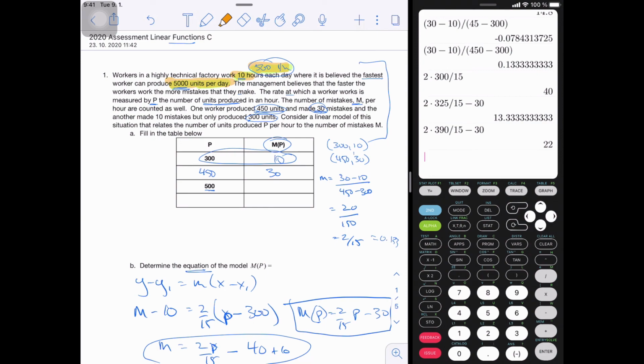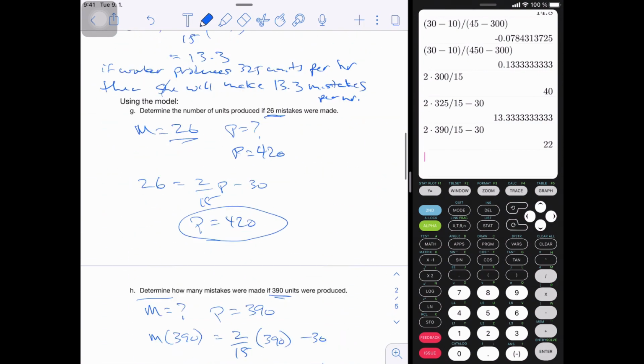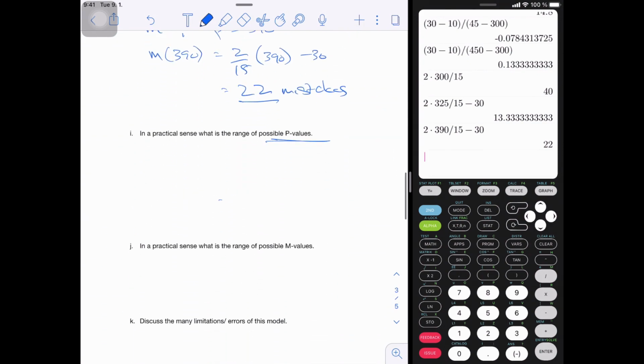That's the maximum that you're going to have. And so our maximum is going to be 500, but our minimum is going to be 0. They can't make negative, and it's possible that they don't make any units at all. Not probable, but possible. So then, if this is the case between 0 and 500, what are the m values?